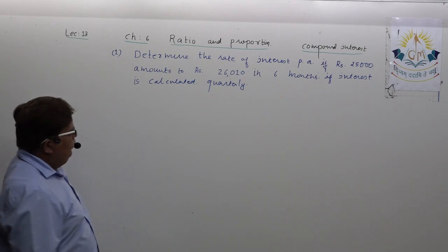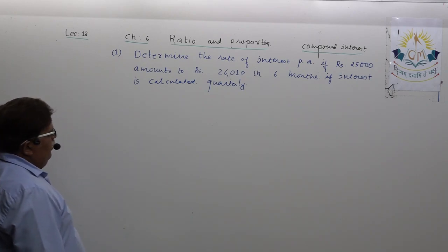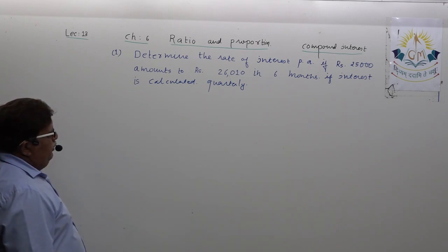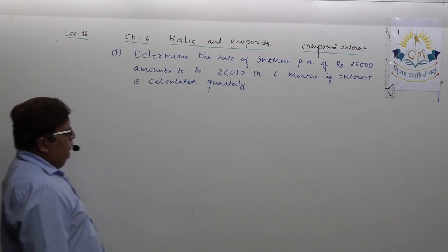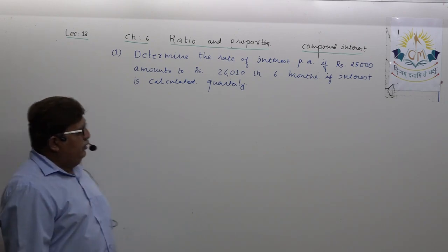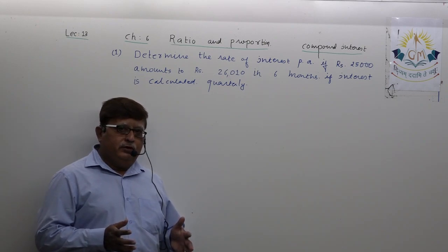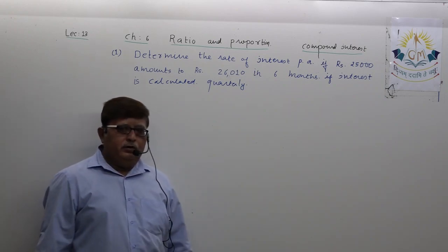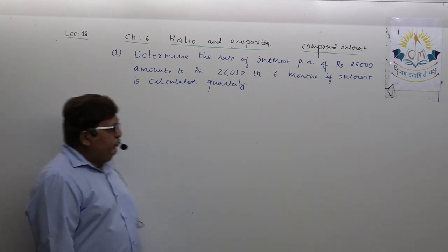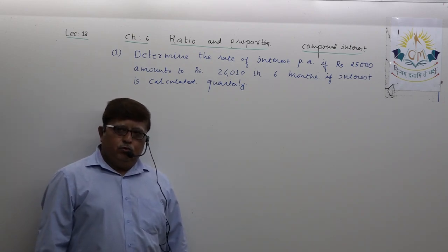That is very important. Determine the rate of interest per annum if rupees 25,000 amounts to 26,010 in 6 months if interest is calculated quarterly.